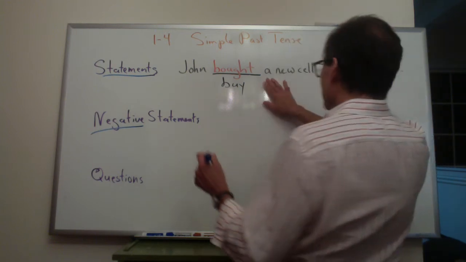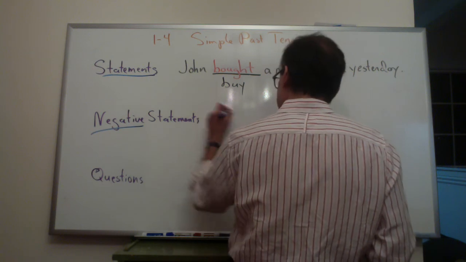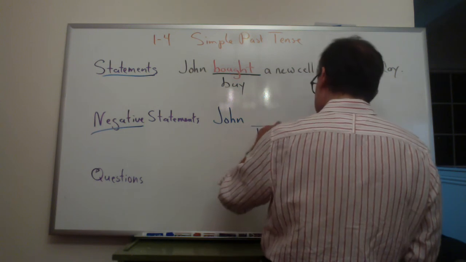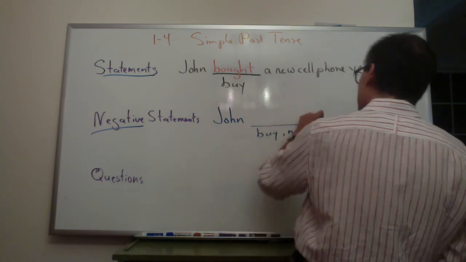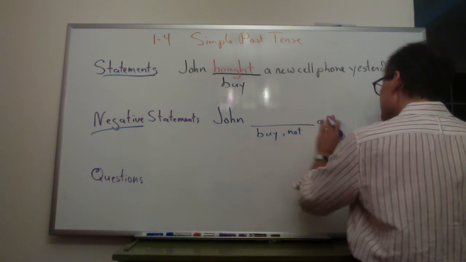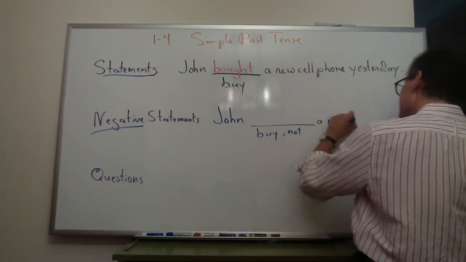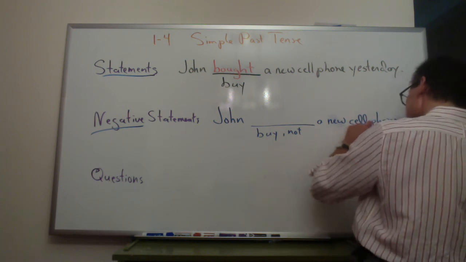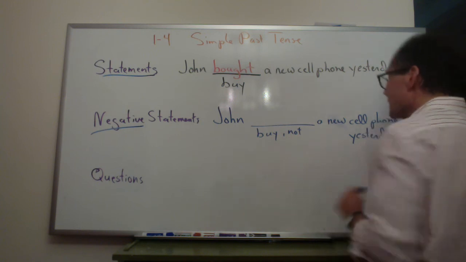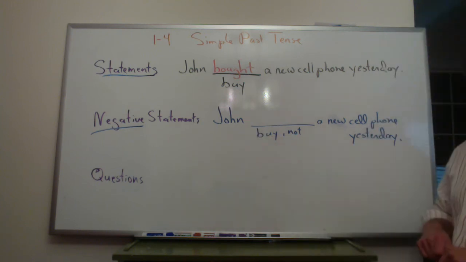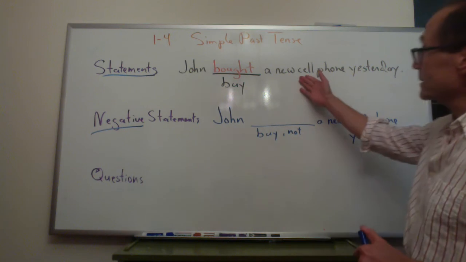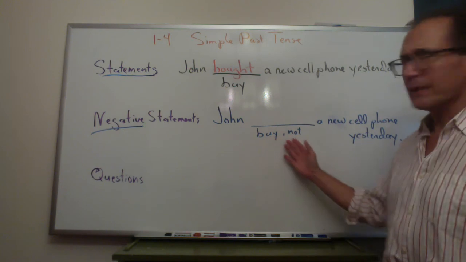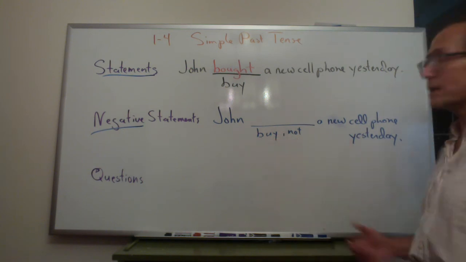So we'll start with John, and then we'll say, buy not a new cell phone yesterday. So here, in this one, you bought one. Here, no, this didn't happen. So, again, take a look at this sentence. John buy not a new cell phone yesterday.